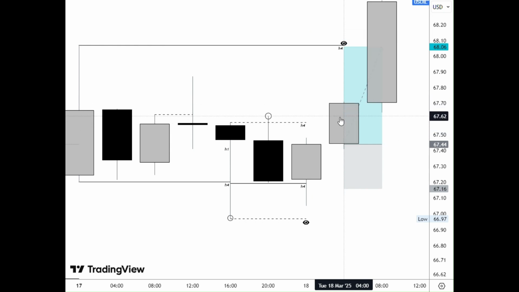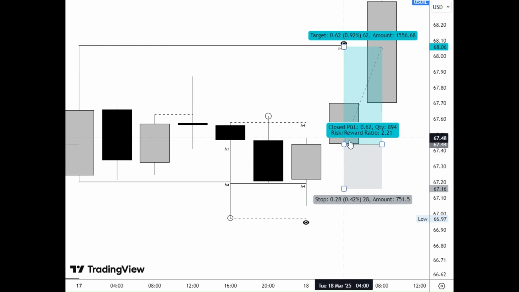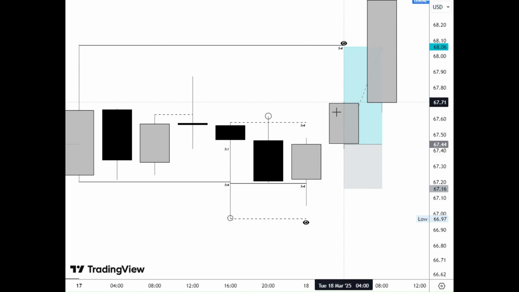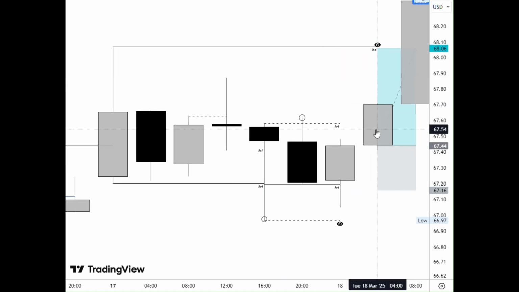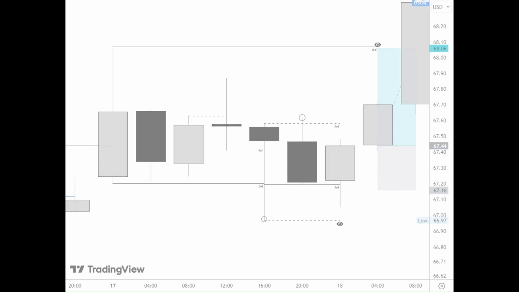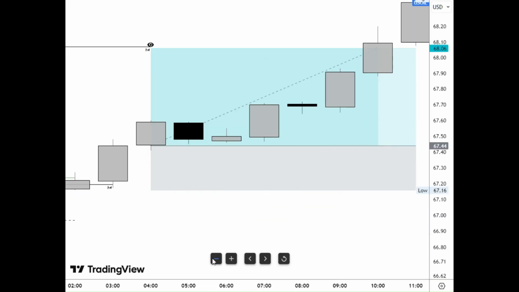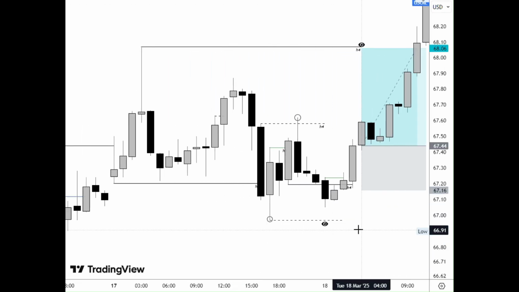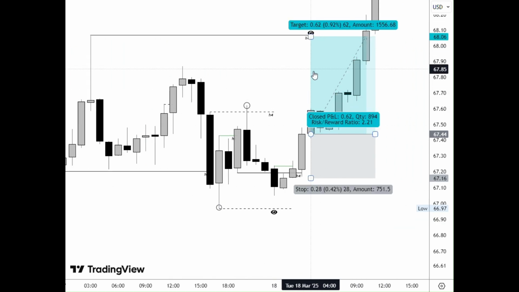That is where my second entry was here. The first entry I missed, but my second entry was here, targeting this high right about here. So that's how I caught the entry to push price to the upside.